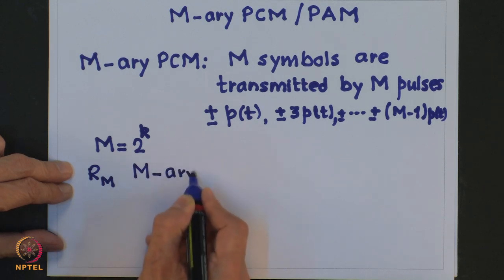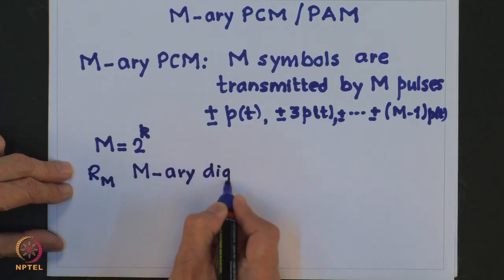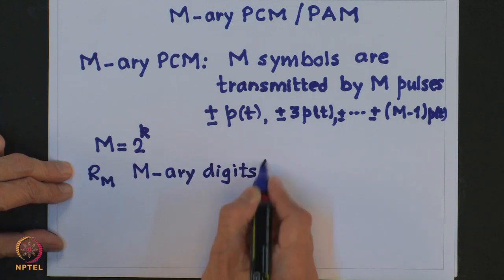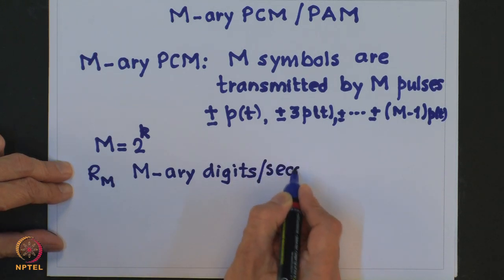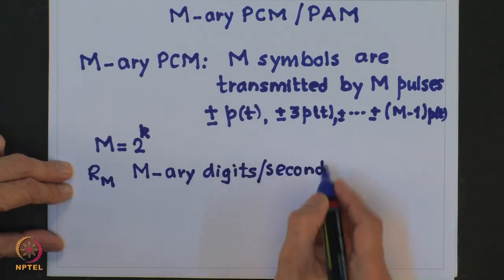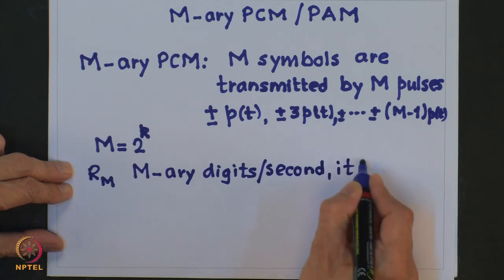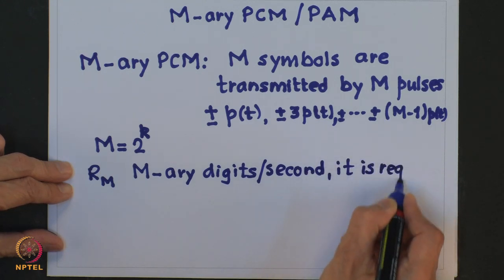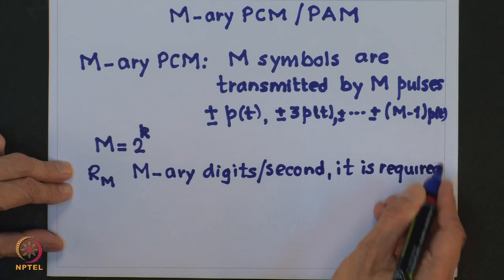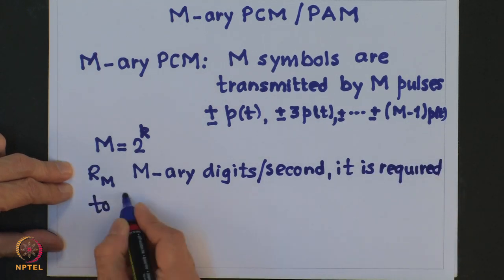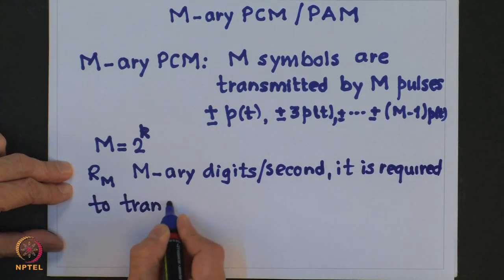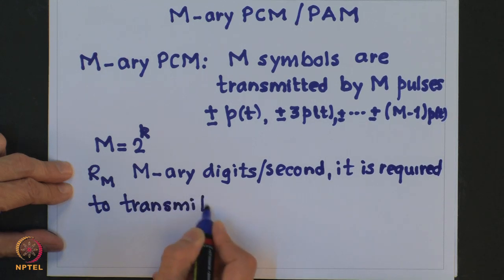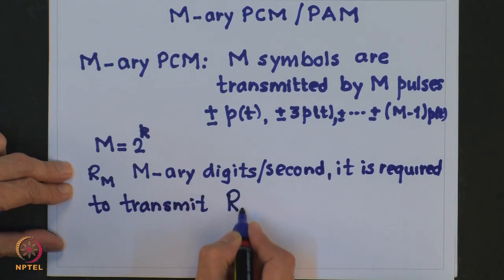So, to transmit R_M M-ary digits per second, it is required to transmit R_M pulses of the form k p(t).